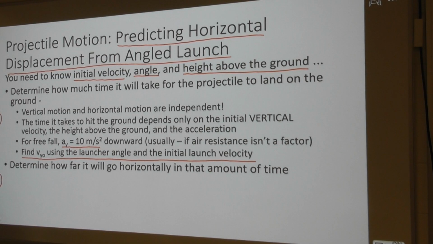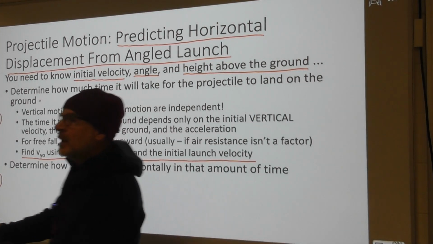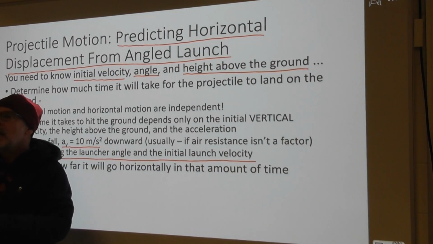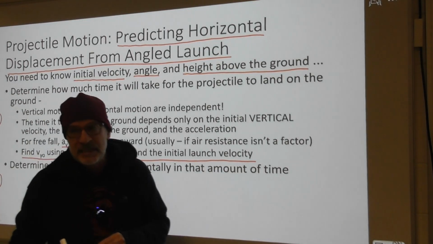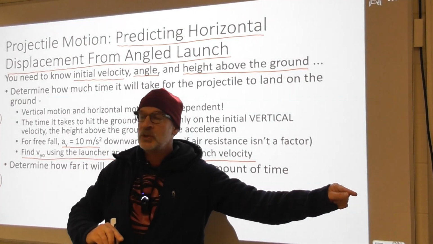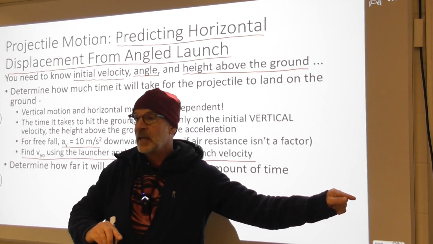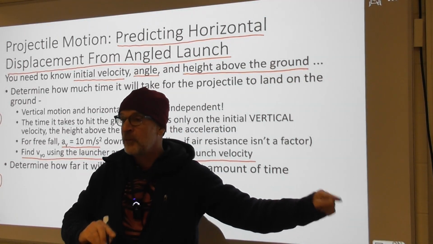It's not going up and down and then left to right. It's moving up and down as it moves left to right, which means at the instant that it hits the ground, its projectile motion stops. It may still be moving, but it's no longer in projectile motion. It's no longer in free fall.